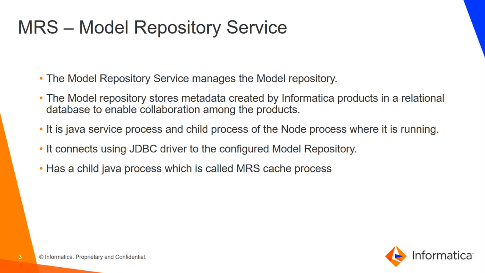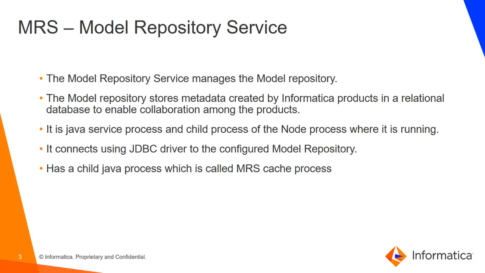Now, what is this MRS and how do we identify an MRS process in a set of processes? So MRS is actually a Java process and is an immediate child of the node, and it is also a parent of a child process which is actually its MRS cache.